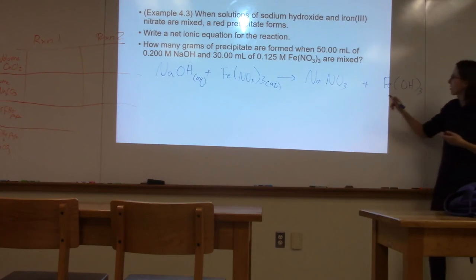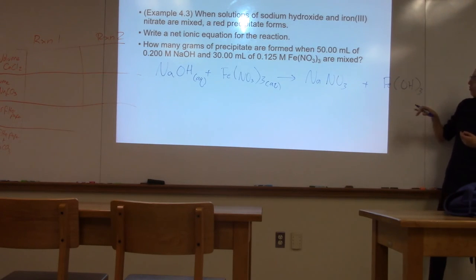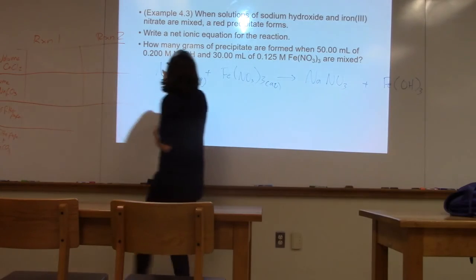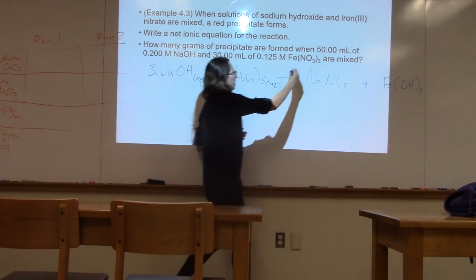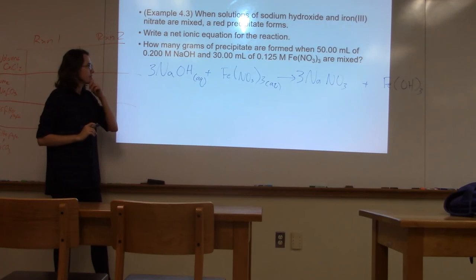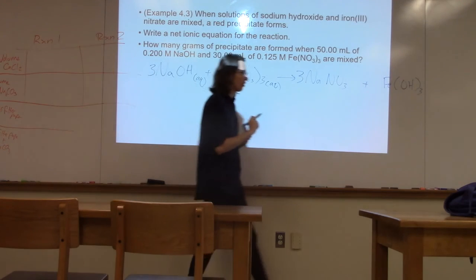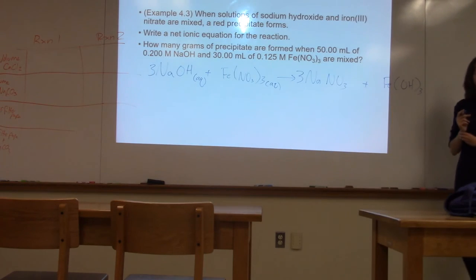Let's balance this. Balance this puppy. 3 on the NaOH, and 3 on the NaNO3. Alright, NaNO3, is that soluble or insoluble? Is there any way to know without looking at the reference packet?